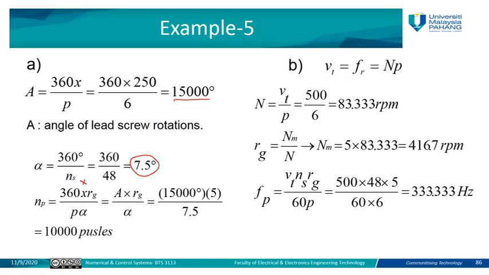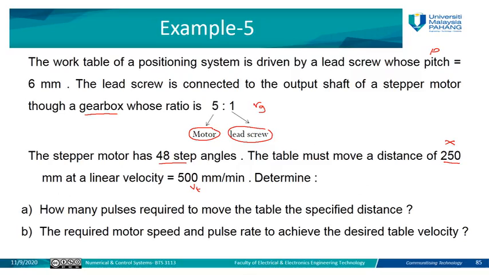So all these parameters, 360x over p, can be replaced by using A, according to this formula, 360x over p is just substituted by the value of A that we already calculated, which is 15,000. Then rg, we have 5, according to the question, the rg is 5 over 1.